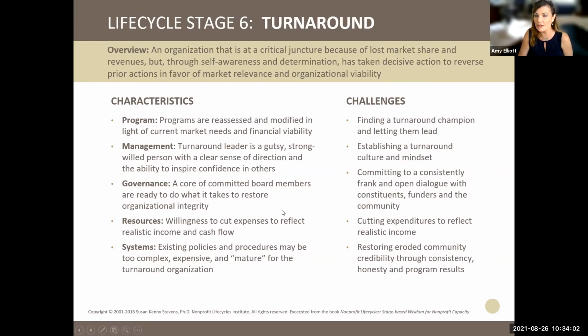These are the things we need to focus on. We didn't have a decline, we had a pandemic. And so if you find yourself assessing your organization and you think we're in turnaround, but I didn't see a decline, that's very likely right now at this stage in the world.